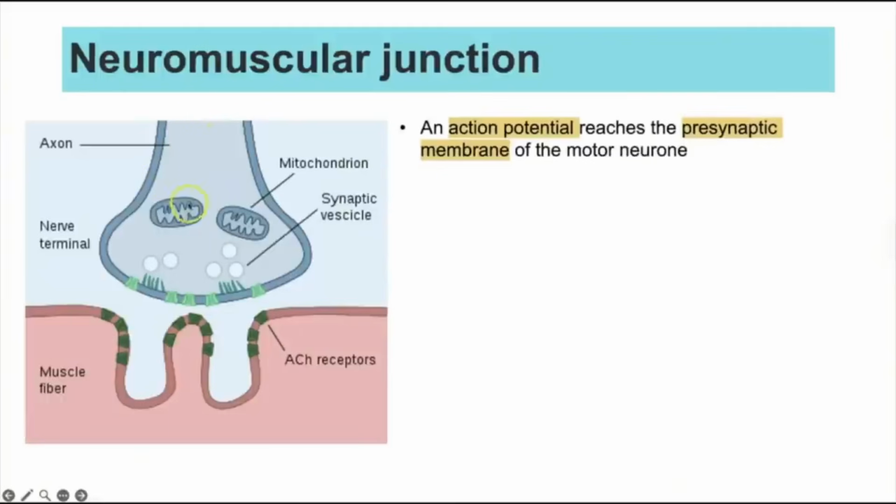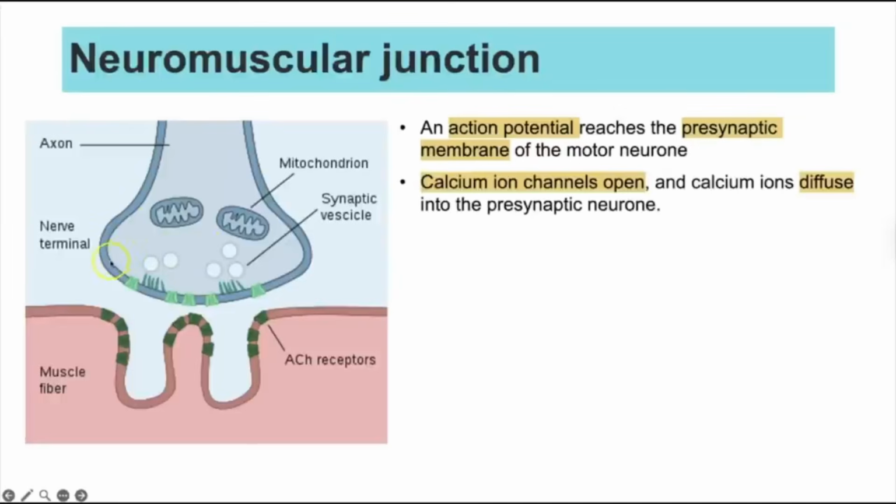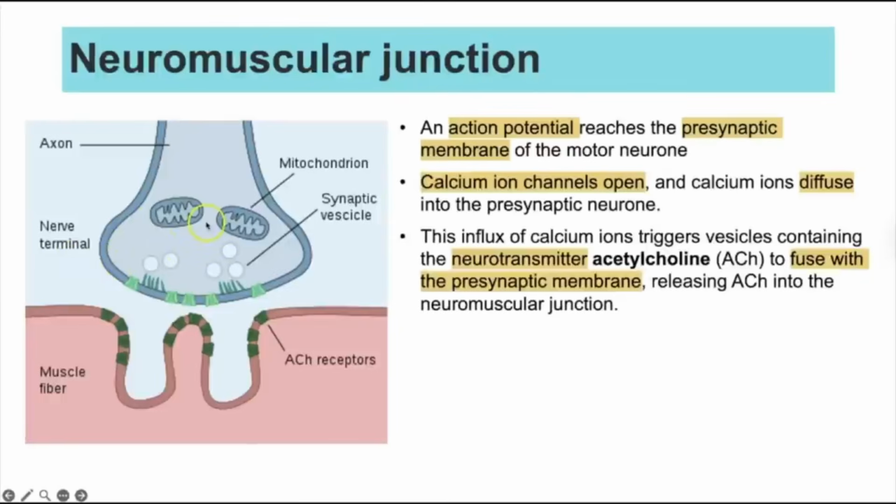First of all, an action potential reaches the presynaptic membrane of the motor neuron, causing calcium ion channels to open, and calcium ions diffuse in. That causes the vesicles that contain the neurotransmitter to move towards and fuse with the presynaptic membrane, releasing the neurotransmitter, which is acetylcholine.